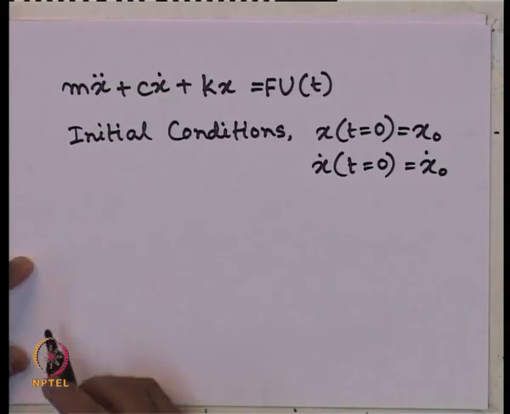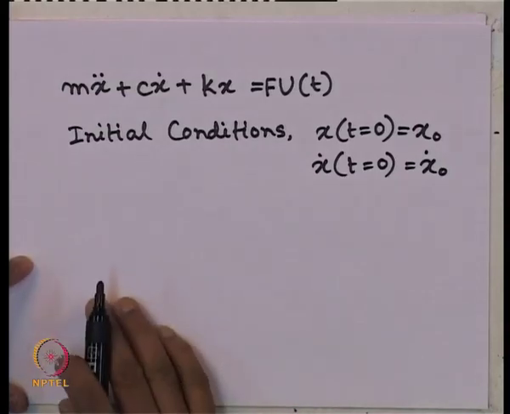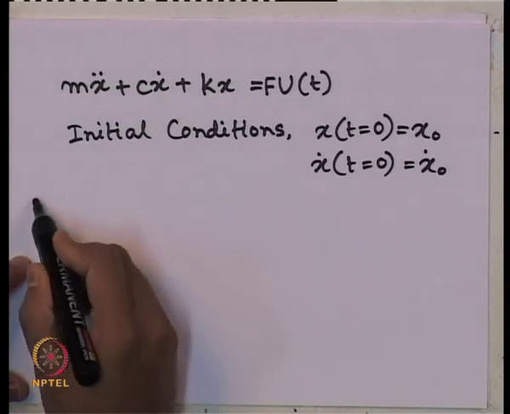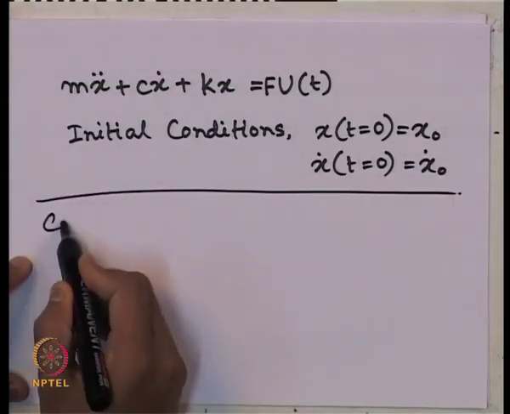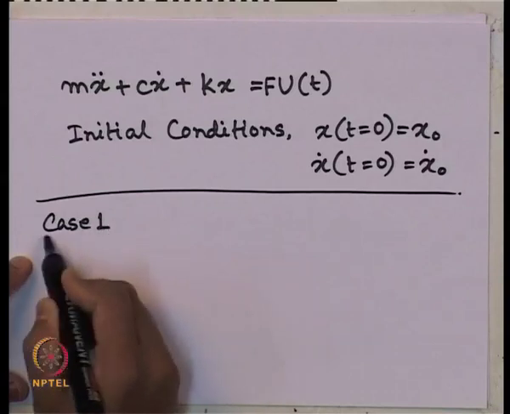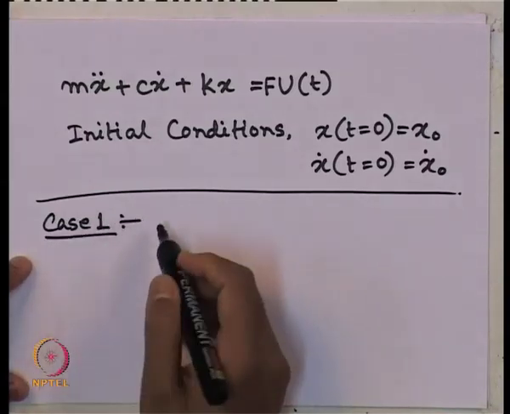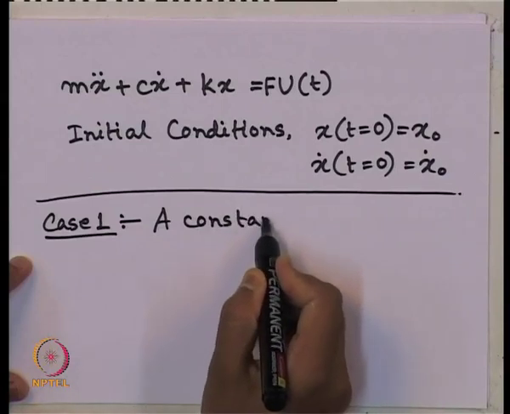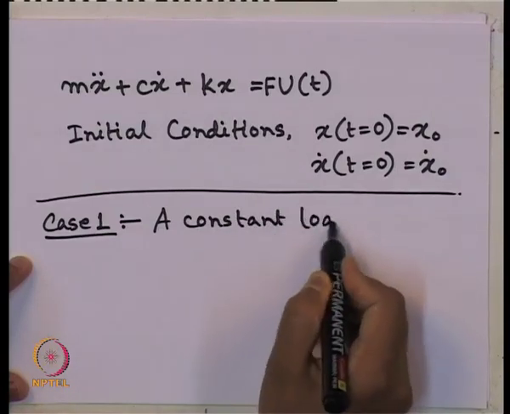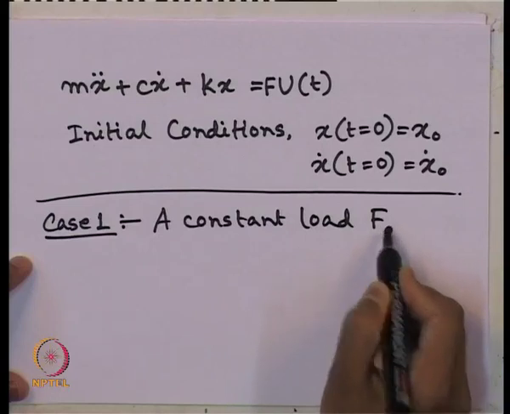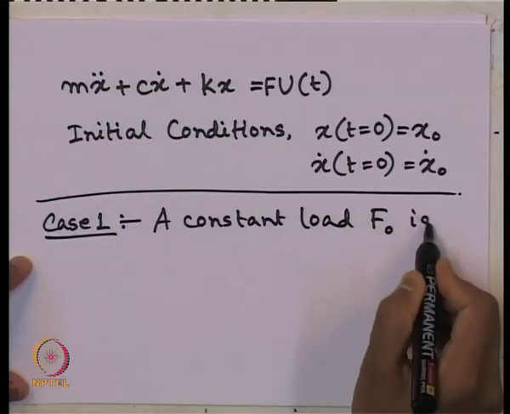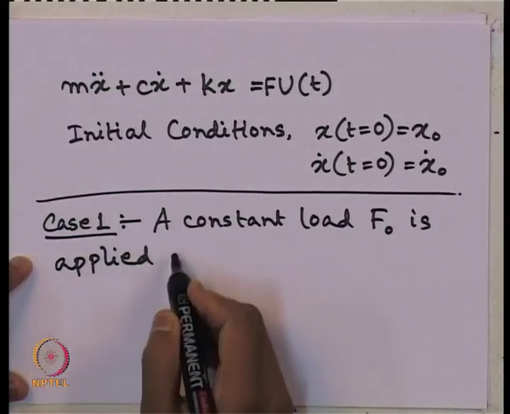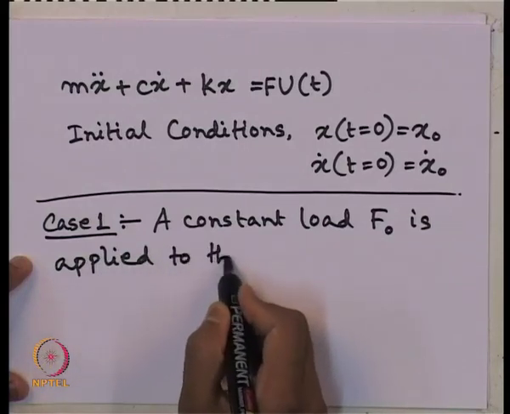Now, let us see what are the different cases we can solve from this situation. So, first let me solve case 1, that is, a constant load F naught is applied to the system.